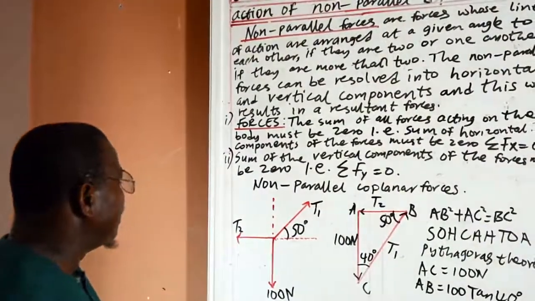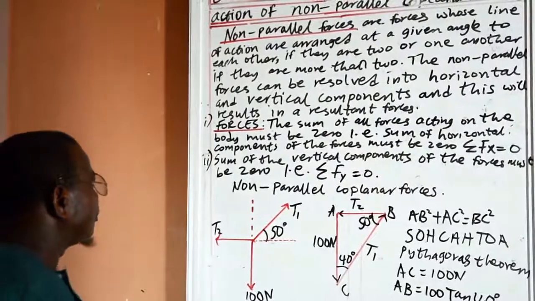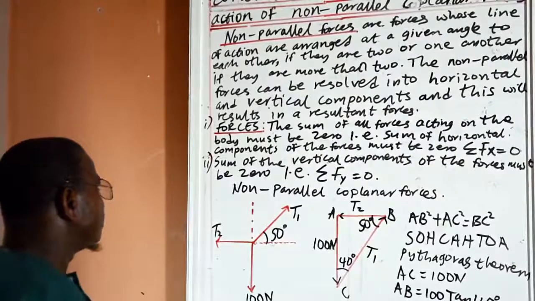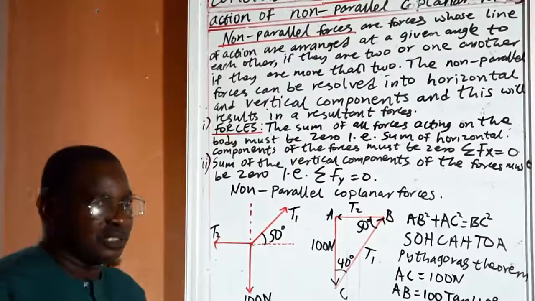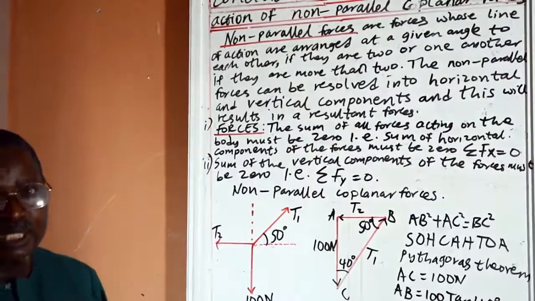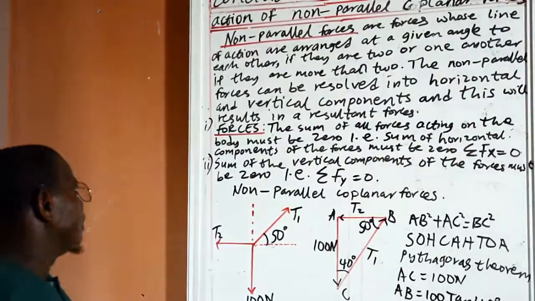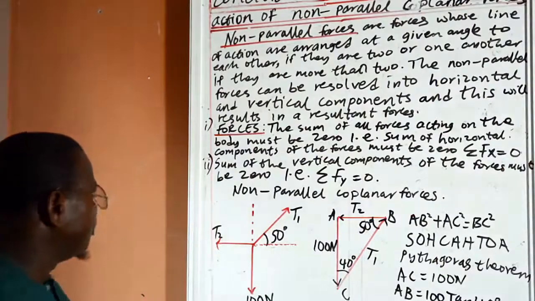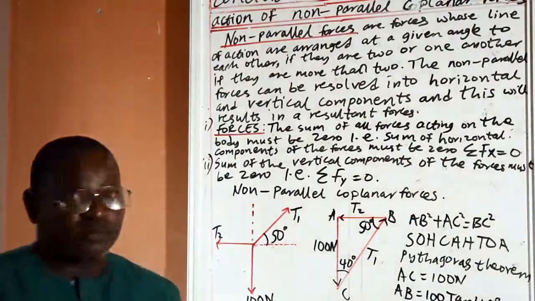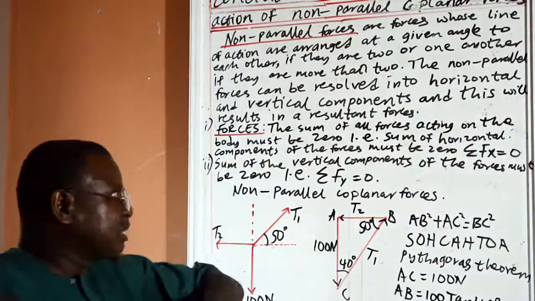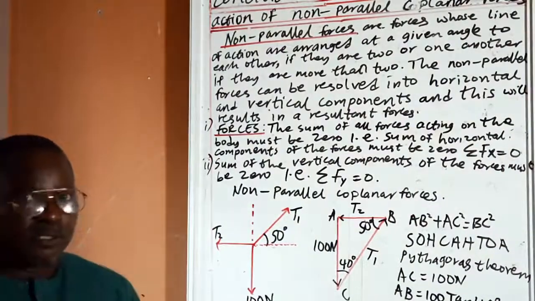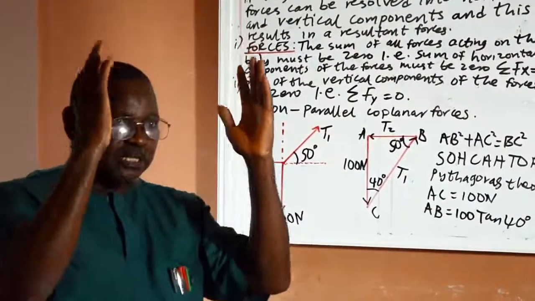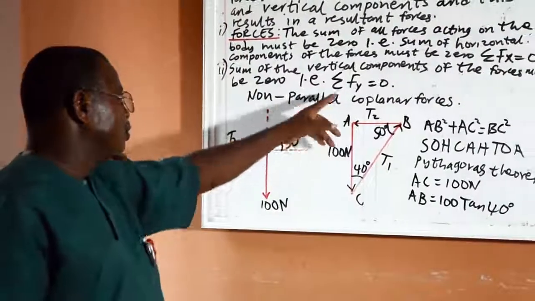The non-parallel forces can be resolved into horizontal and vertical components, and this will result in the resultant force. Now, forces. The sum of all the forces acting on the body must be equal to 0. That is, the sum of the horizontal components of the forces must be equal to 0, and the sum of the vertical components must also be equal to 0.